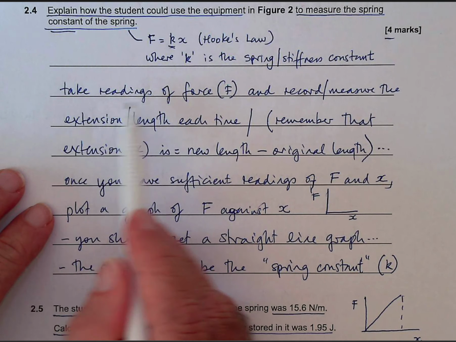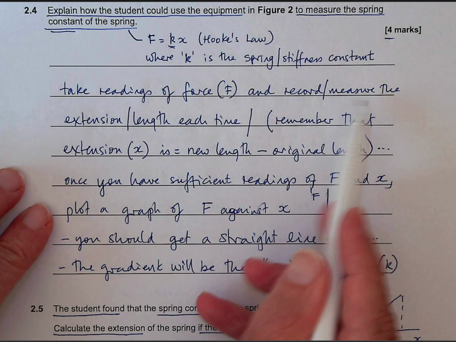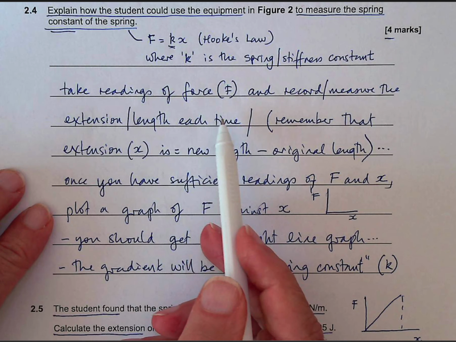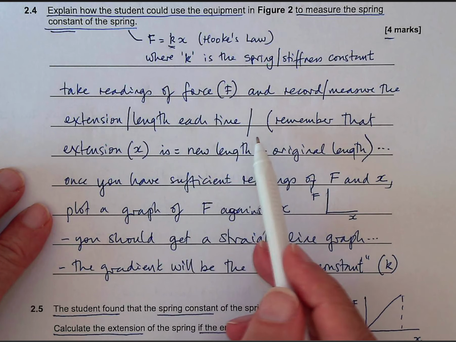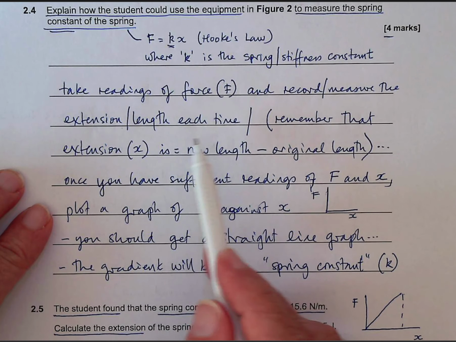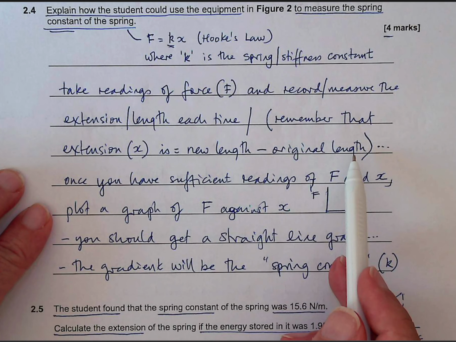So take readings of force and measure or record the extension or length each time. My students did length each time, and then they took away the original length. As long as you're communicating that you know how to get the extension. But remember that extension is the new length minus the original length.